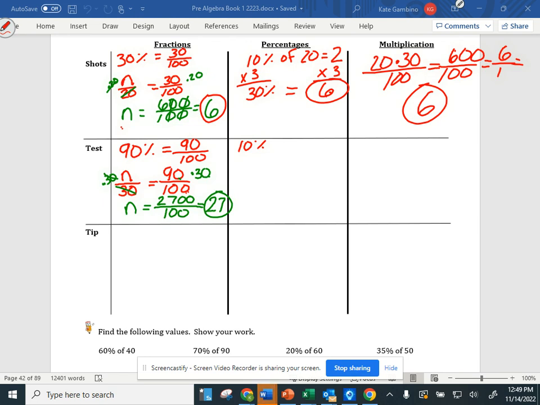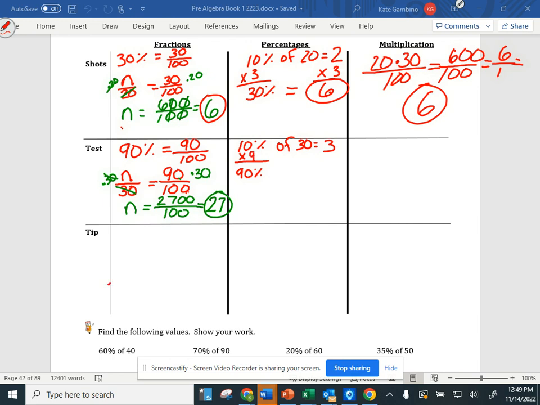So 10% of 30, because there were 30 problems, 10% of 30 equals what? 3. So now we know that we want to get up to 90%. So what are we going to multiply by? If we have 10% and we want to get to 90%, what should we multiply by, Evan? 9.